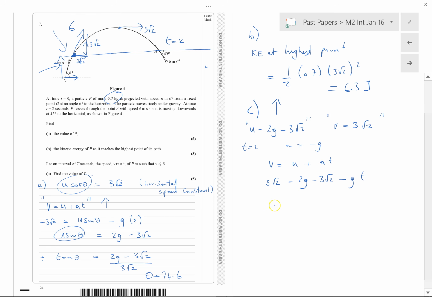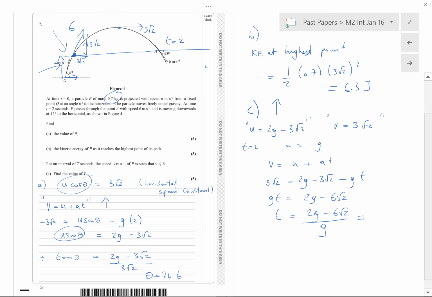Working that out, gt is equal to 6 root 2 minus 2g. So t is equal to 6 root 2 minus 2g over g. I just realised I've got those the wrong way around, obviously. gt comes over the other side, so that makes it 2g minus 6 root 2, over g.